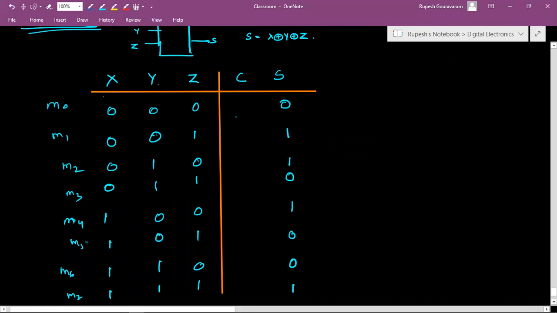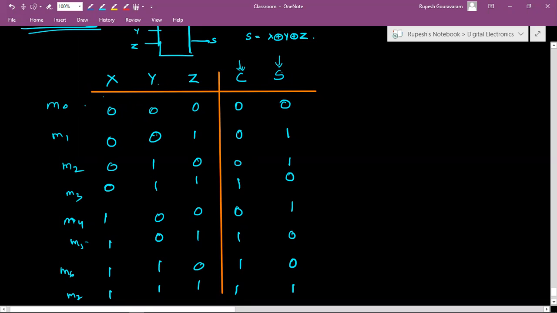Similarly, carry is xy plus yz plus xz. So this will be 0, 0, 0, 1, 0, 1, 1, 1. Okay. So using the K map, we try to reduce S and we try to reduce C. So we want a full adder, right?